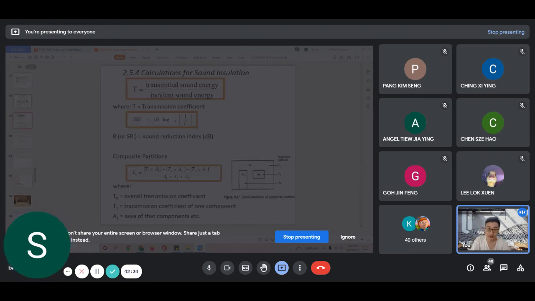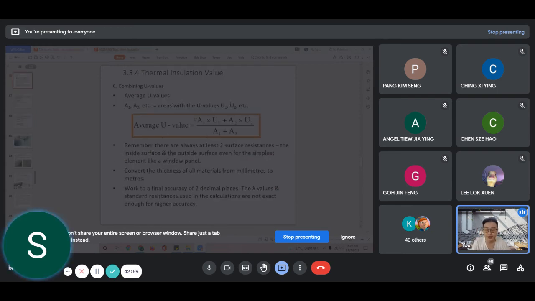Yeah, so it's a composite formula, meaning when we have different materials, it doesn't matter if it's for sound or heat topic, we can make use of this formula to get the average value of the whole material.